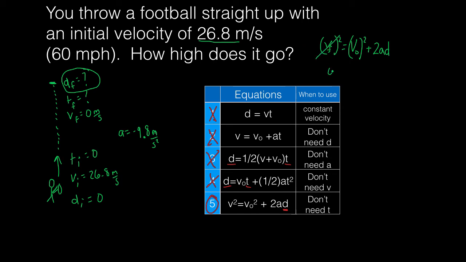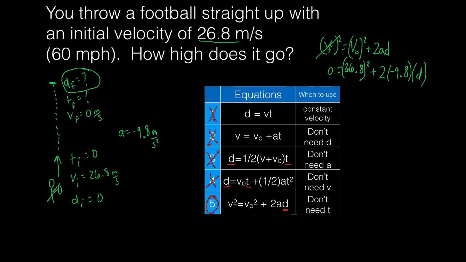So 0 is equal to, velocity initial was 26.8, so 26.8, and remember that value is squared. So we'll write the exponent of 2, plus 2 times the acceleration, which is a negative 9.8, times the displacement. And displacement we don't know, so I'm going to keep calling it d.